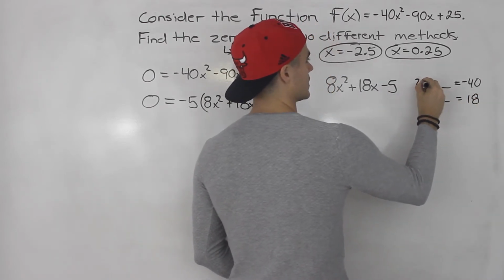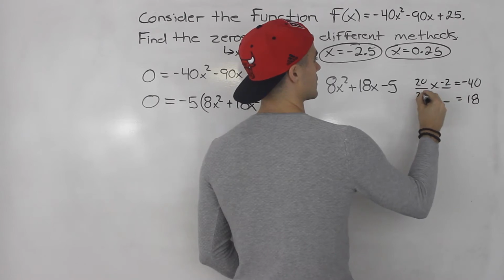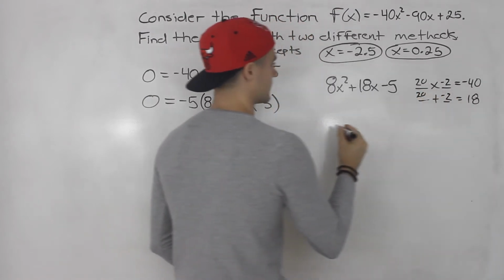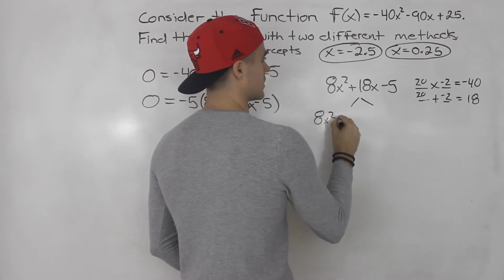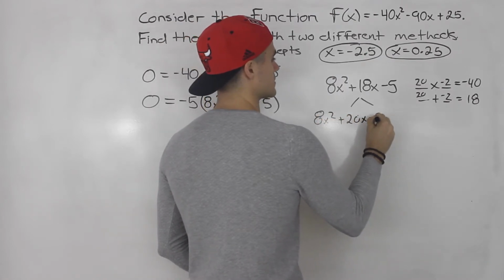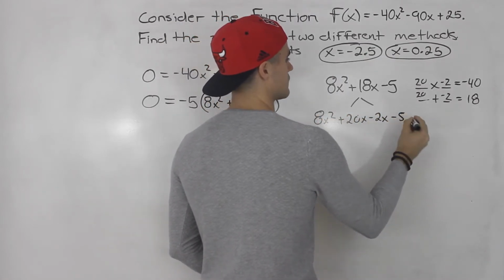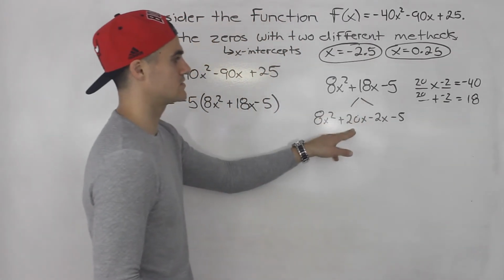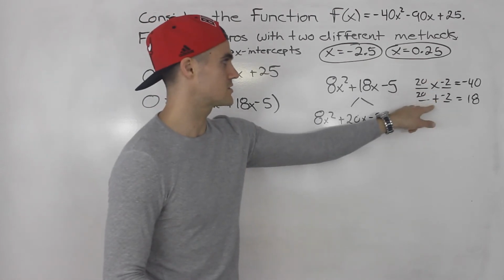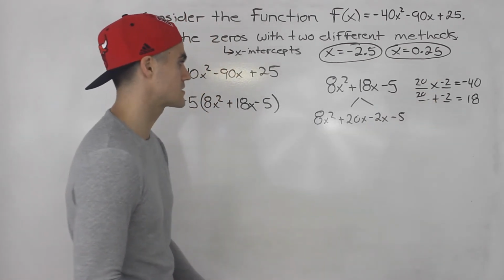So this would be 20 and negative 2. So decompose this: 8x squared plus 20x minus 2x minus 5, right? So we're just taking that middle value, decomposing it to those two numbers, 20x minus 2x.